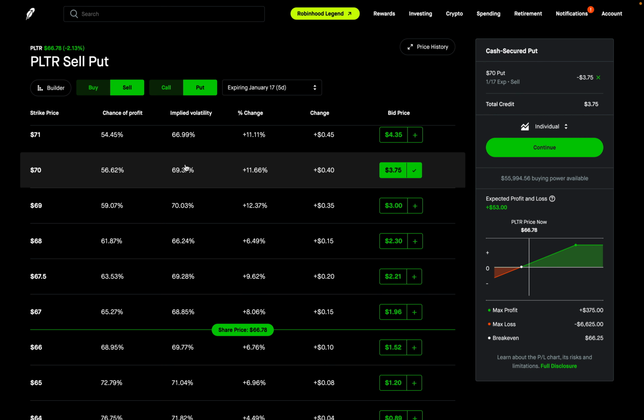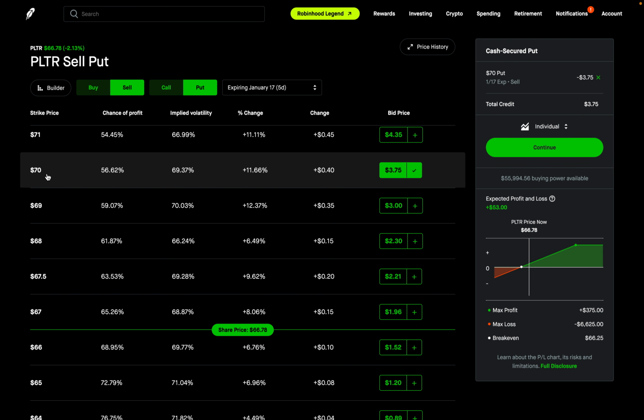So if I had sold this put on Palantir at the $70 strike, I would only do that if I would not mind buying 100 shares of Palantir at $70 a share.